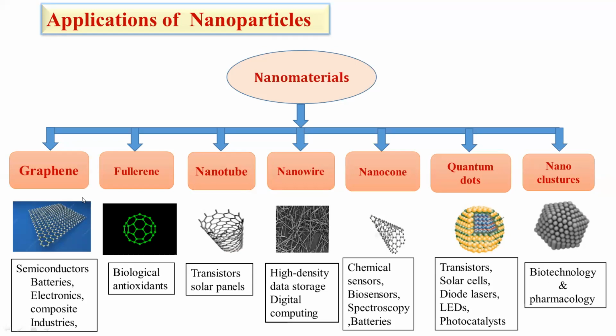Nanowires are used in high density storage devices as well as digital electronics. Nanocones are used in chemical sensors, biosensors, spectroscopy, batteries. Quantum dots are used in transistors, solar cells, diodes, lasers, LEDs, photocatalysts, and nanoclusters are used in biotechnology and pharmacology.